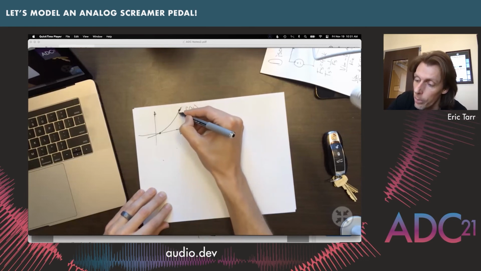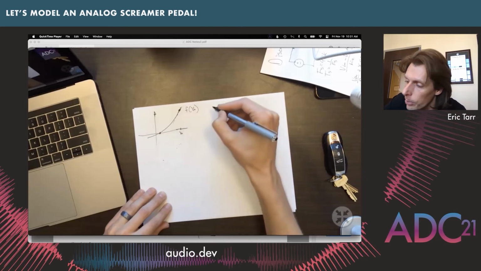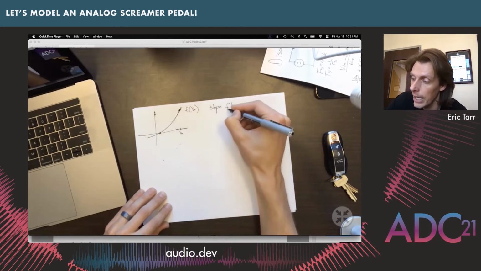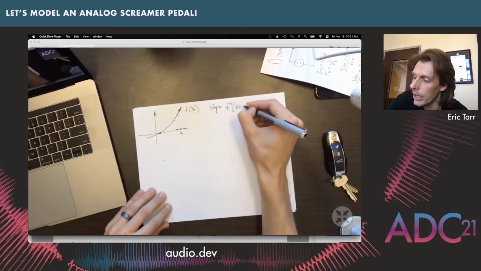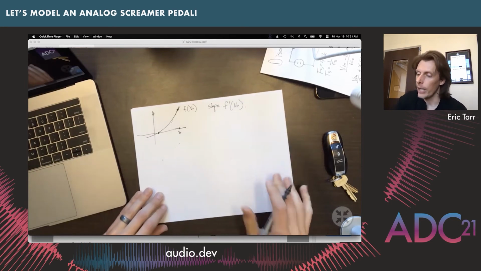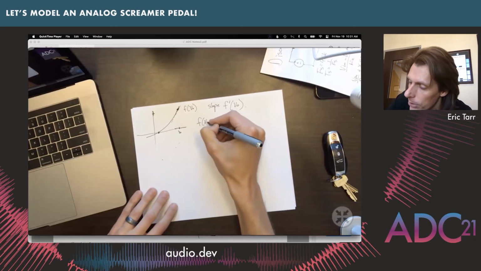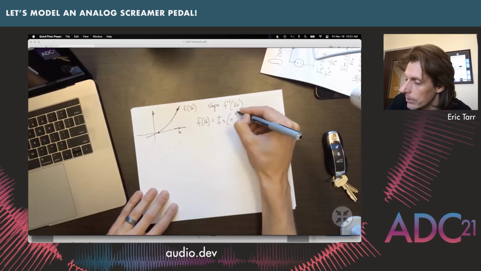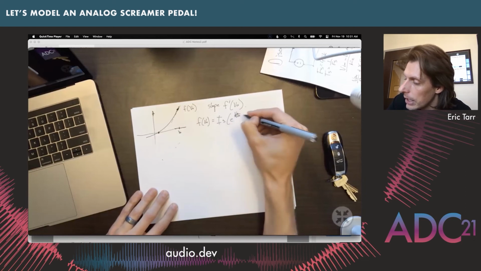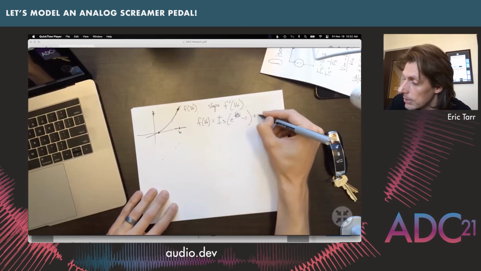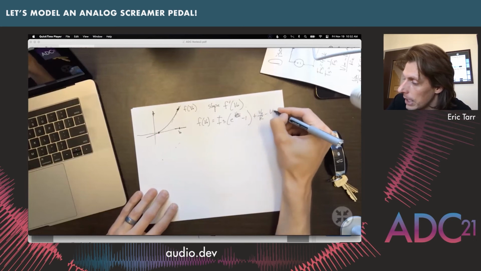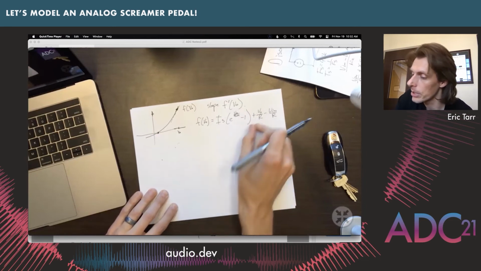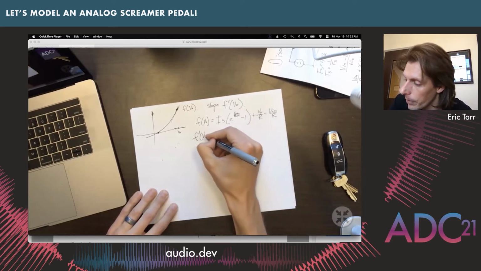And then we also know the slope of it right here. So the slope is going to be equal to the derivative. I'll write it F with this flag, the derivative of V out. So we have F of V out is equal to IS times E to the V out over eta VT, minus 1, plus V out over R, minus V in over R. If we take the derivative of this, what ends up happening is we have these separate terms to deal with.